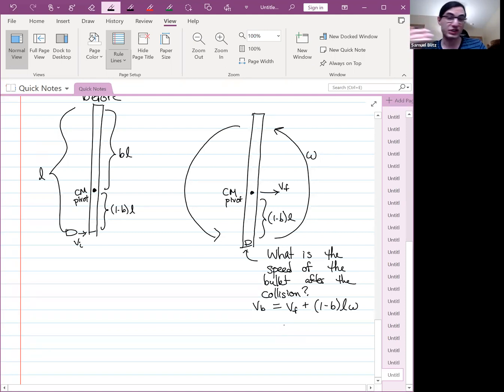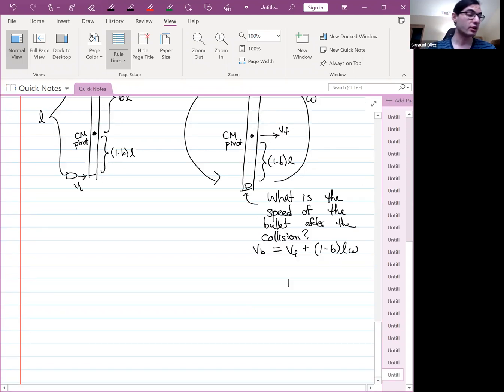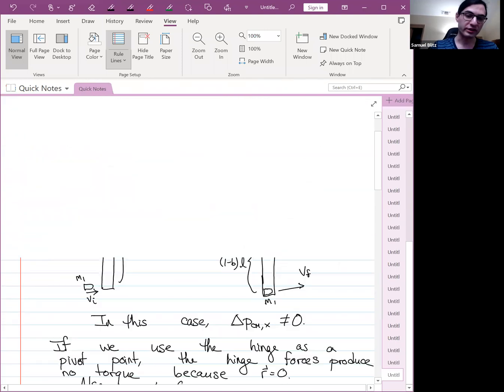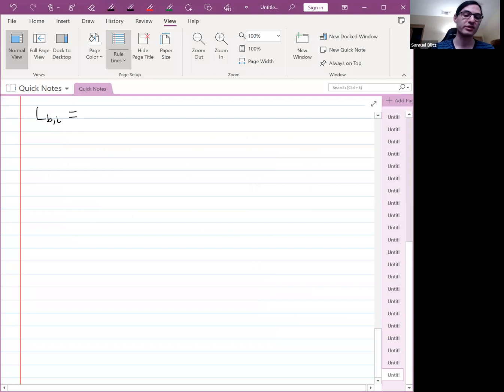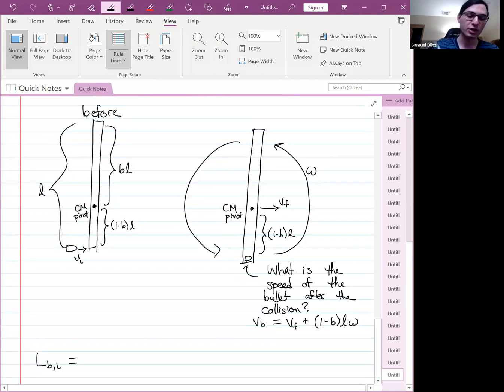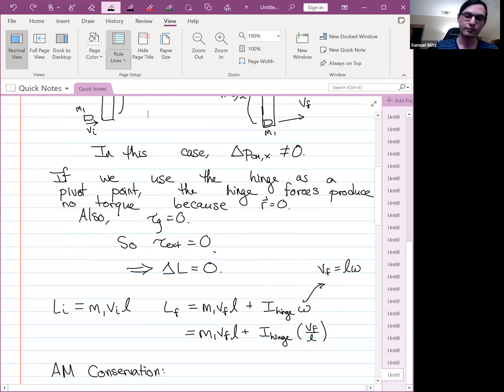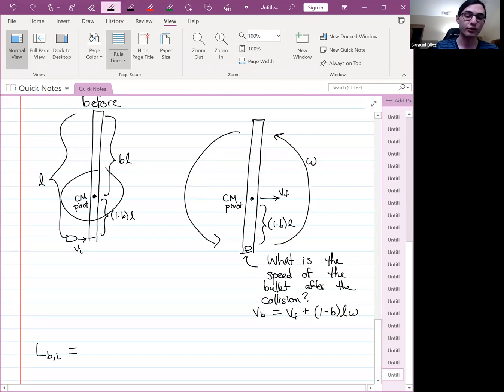Now, let's just start setting up our equations. So the initial angular momentum of the bullet is, well, it's just a point particle. It's the exact same picture here. It's just now the pivot point that we're using to find our angular momentum is at a different place. We're not interested in the angular momentum relative to the top of the rod. We're interested in the angular momentum relative to the center of mass of the rod.